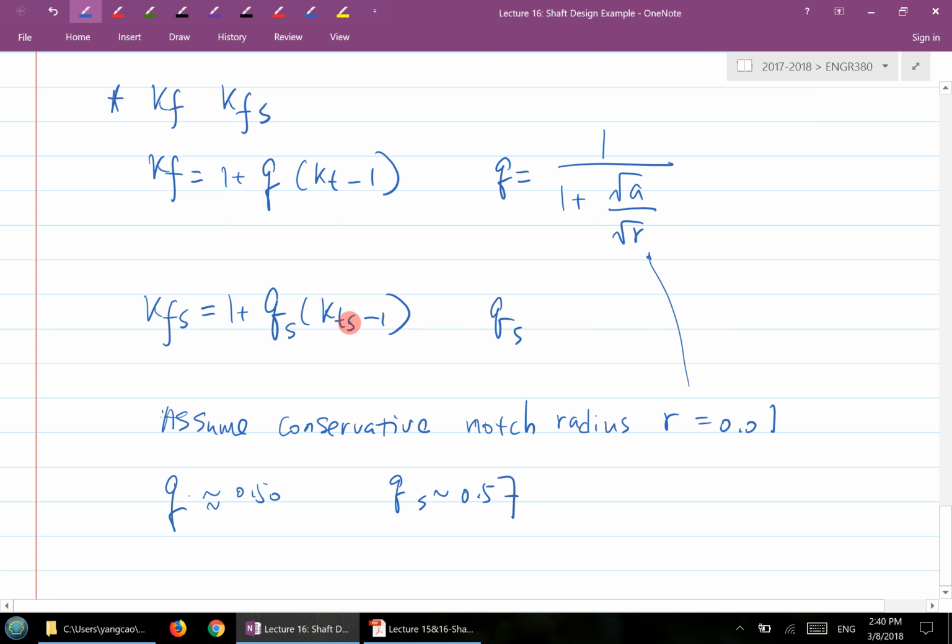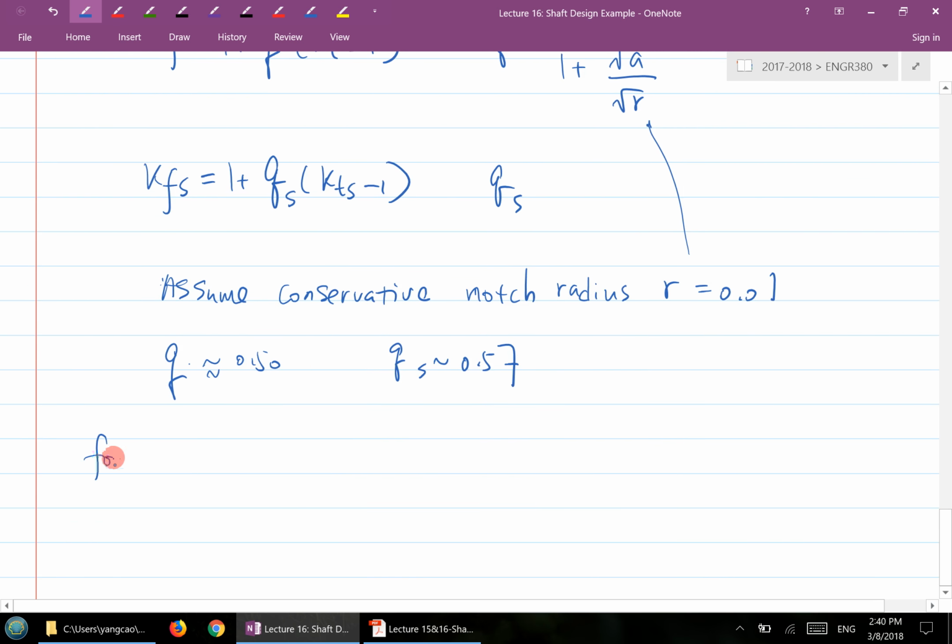But we can't use that because we don't have the parameters yet. So for Kt and Kts, initially we have to start with conservative values. Essentially it's like starting with a guess.